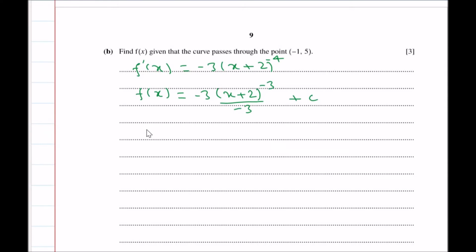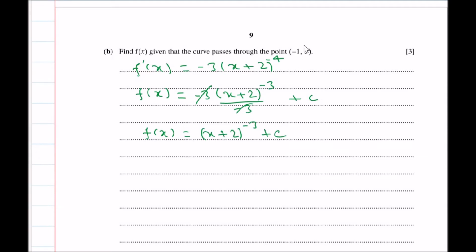Okay. So f(x) is equal to, minus 3 cancelled out, so we have (x plus 2) to the power minus 3 plus c.